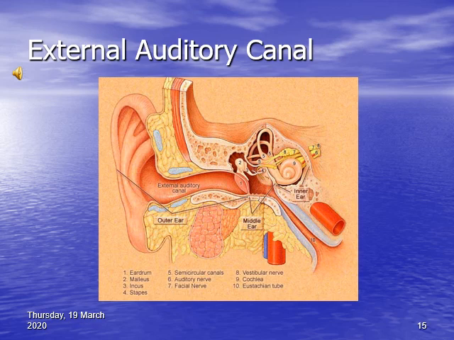The difference here is in the skin appendages. The skin covering the cartilaginous portion, the lateral one third of the canal, contains the skin appendages: pilosebaceous units and the ceruminous glands, which are modified sweat glands. The skin covering the medial portion of the canal, the bony portion, is just keratinizing stratified squamous epithelium.